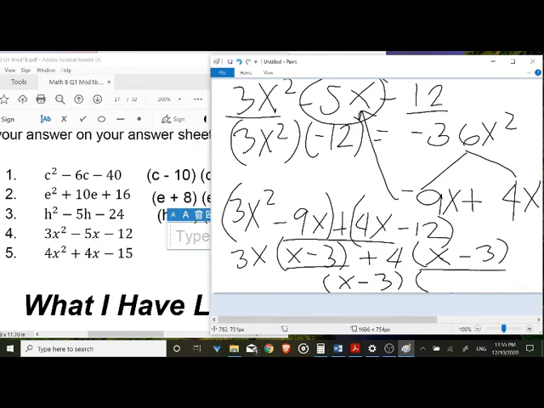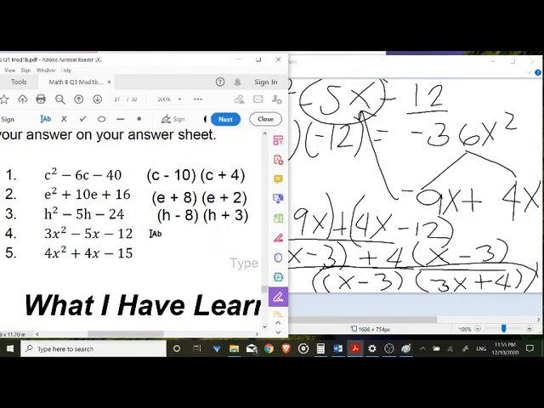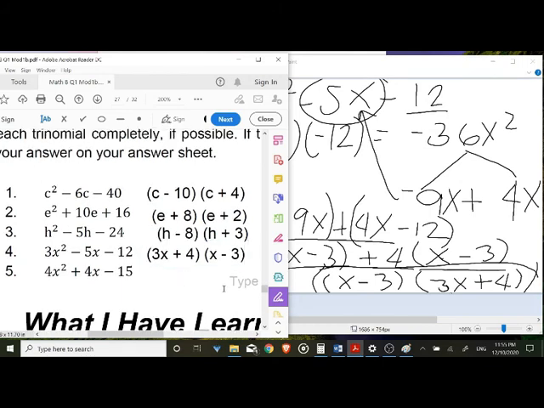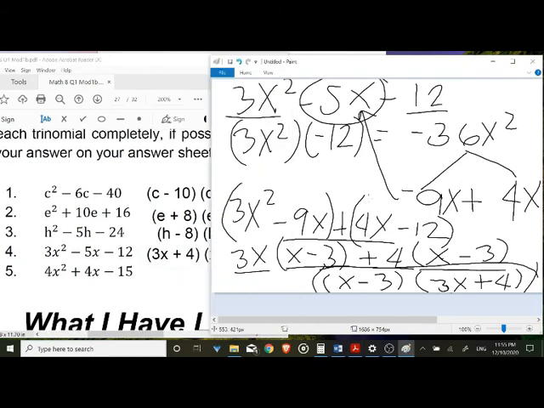Pag ilabas mo si x minus 3, ang natira si 3x plus 4. So therefore, factors natin x minus 3 times 3x plus 4. So yan, sulat natin dito. Okay, nakuha class?